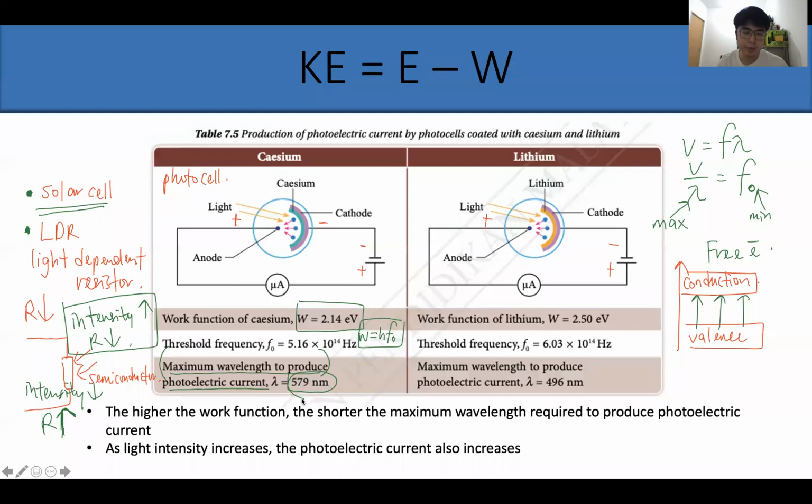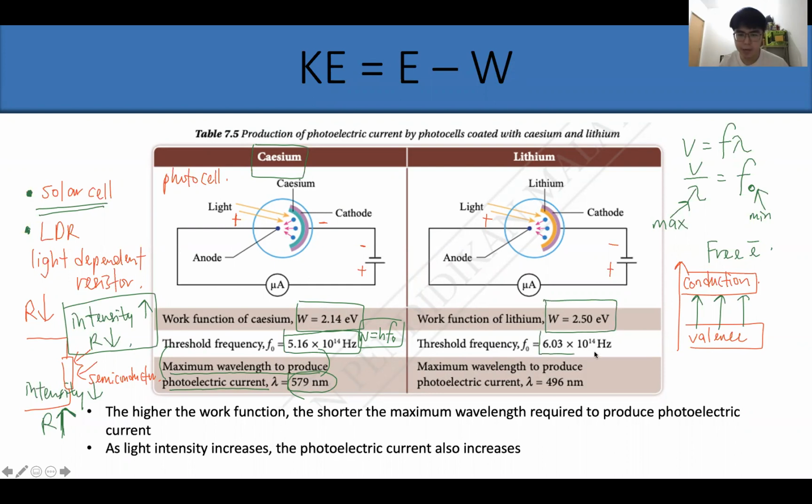So the highest is this one, 579, and it can be lower, but not higher than this. Same as the frequency: you can be this one or higher, but you cannot go lower than this threshold frequency. This is for calcium metal. For lithium, it's different, right? The work function is 2.5, higher.